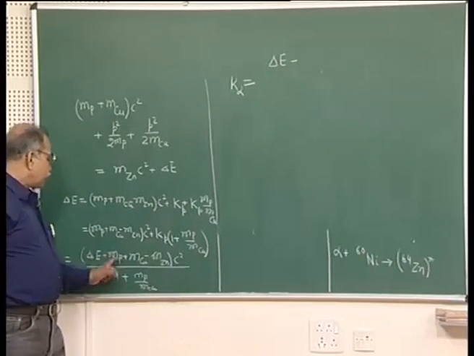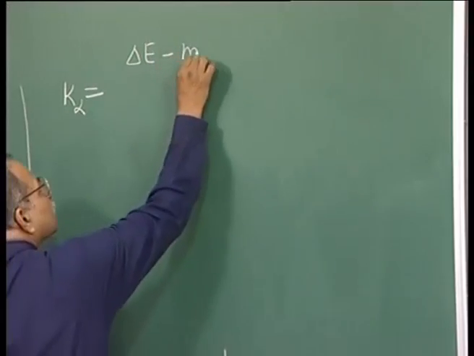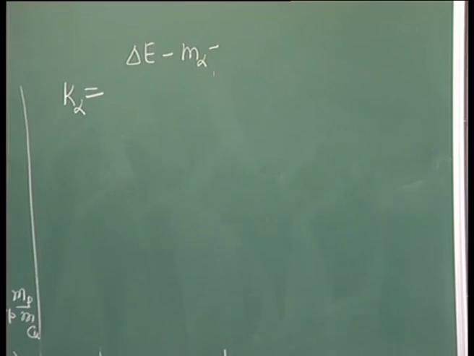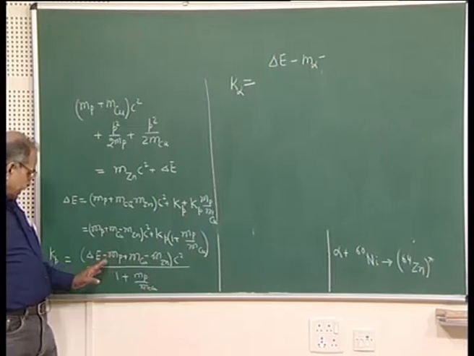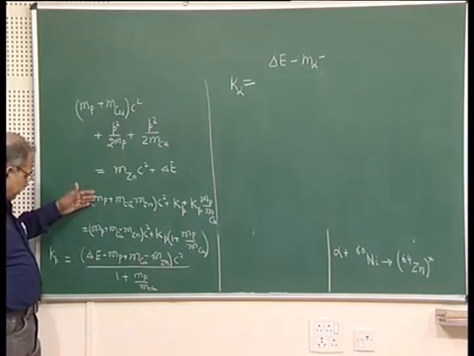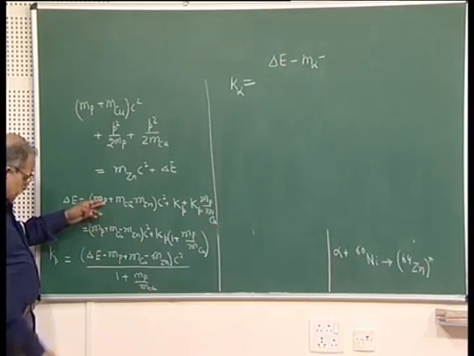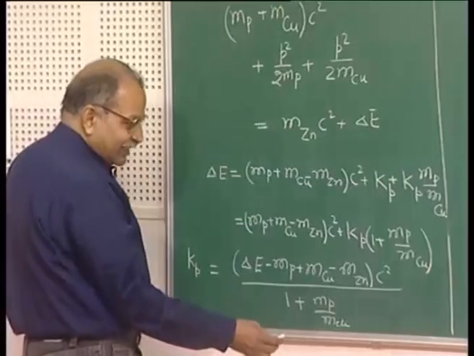minus, the mass of proton is now the mass of the alpha particle, we will write. So, minus the mass of the alpha particle, and then plus, wait. So, this is Kp is Mp. Did I write it correctly? Let us check.